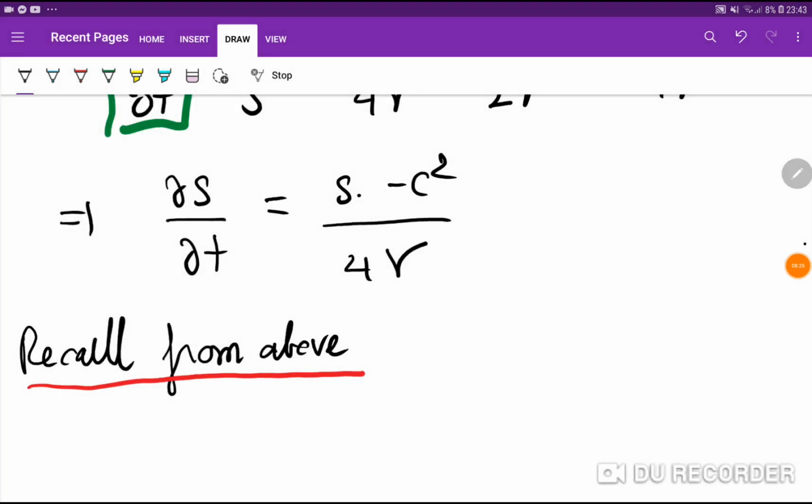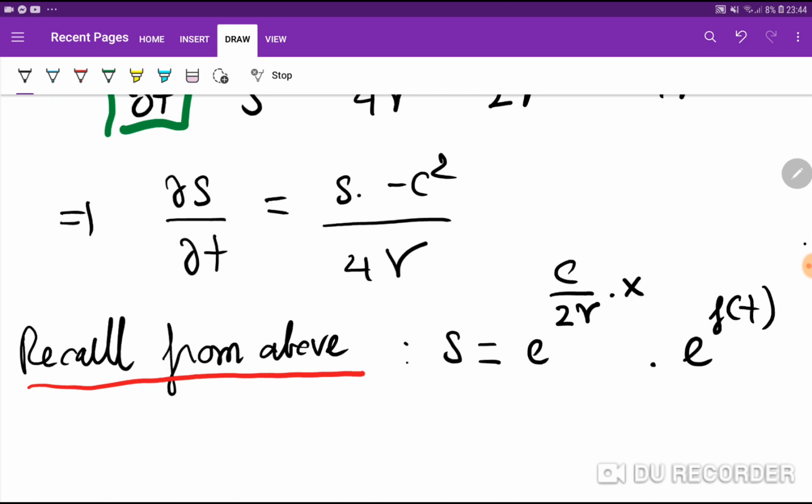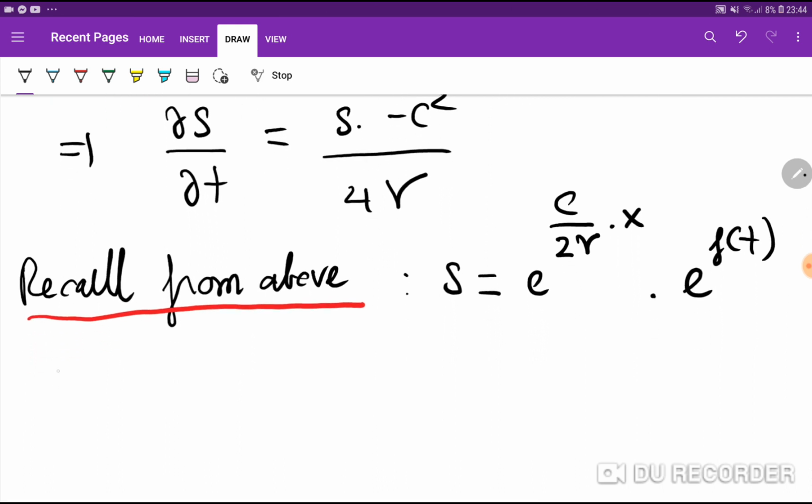We have derived S is e to the power C over 2 mu times X times e to the power f of t. And f of t is the mystery element we need to find. So let's compute partial S with respect to t.